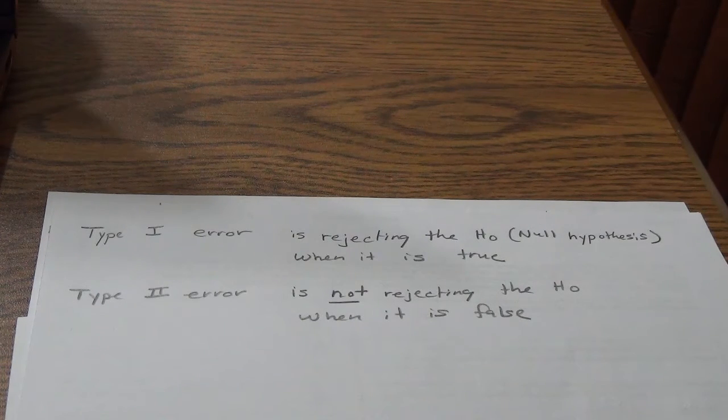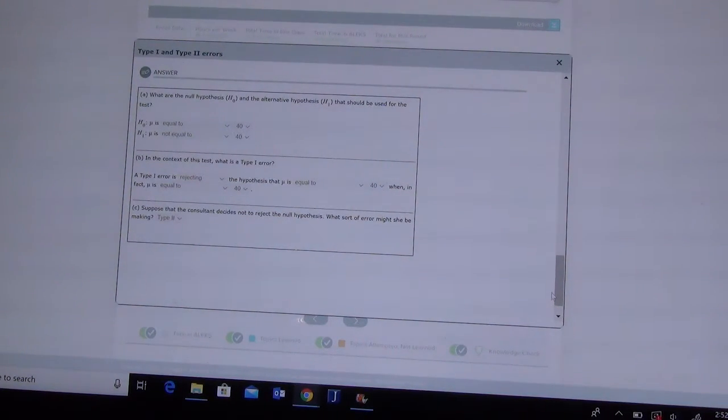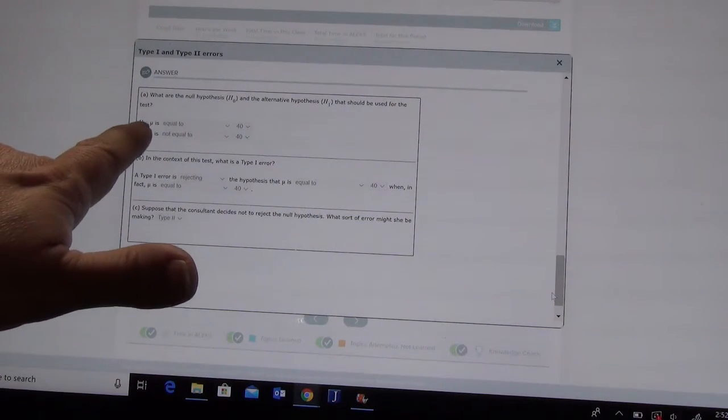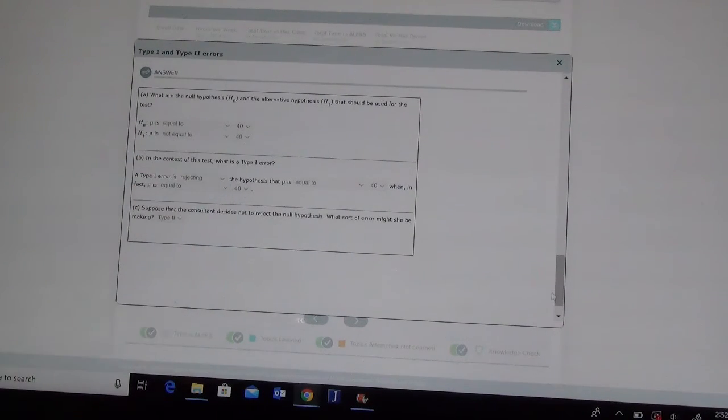So if we go ahead and look at a few of these that you missed and just explain the reasoning behind them. It says, what are the null hypotheses and the alternative hypotheses that should be used for this test? In this case, the null is that the mean is equal to 40. So that means the alternative hypothesis is that it's not equal to 40.